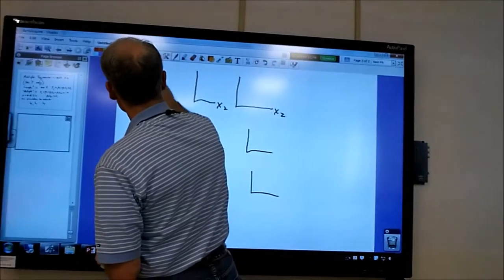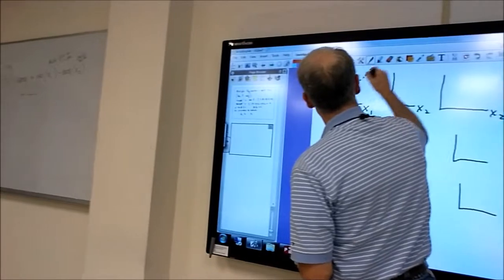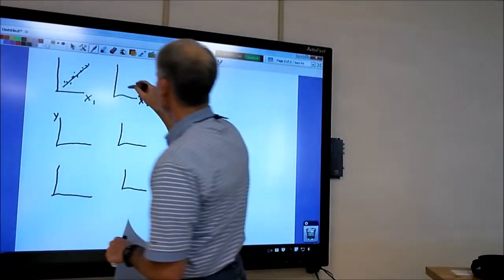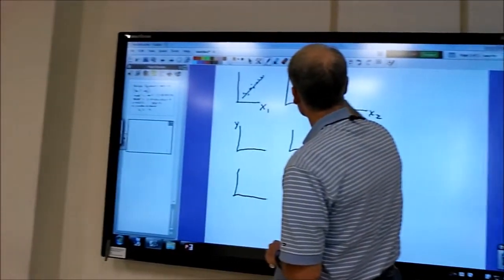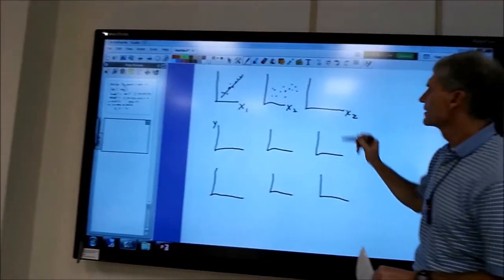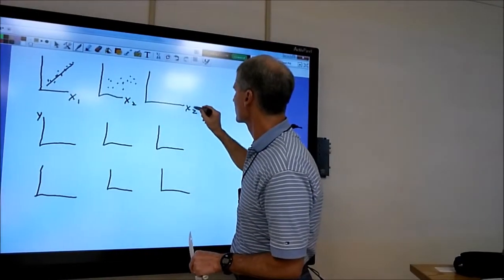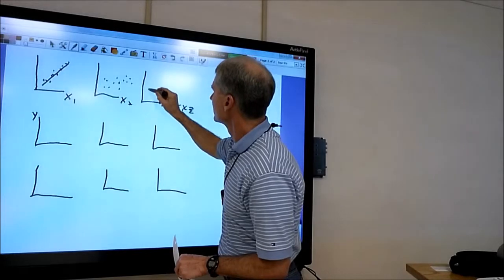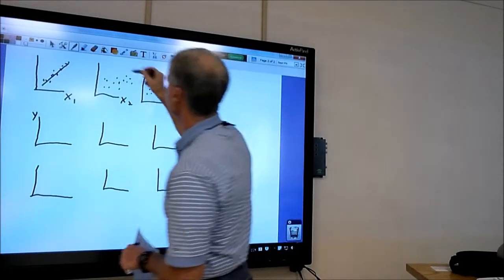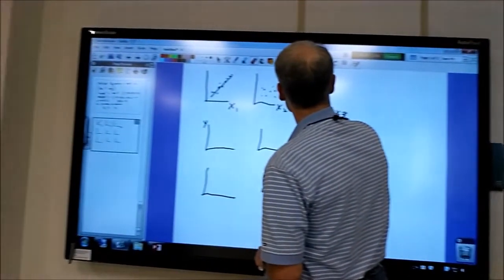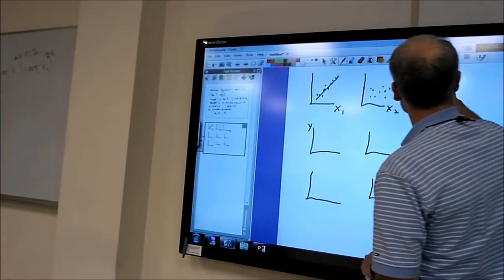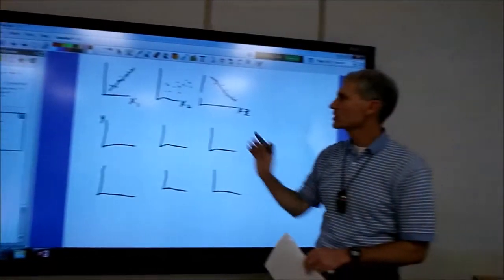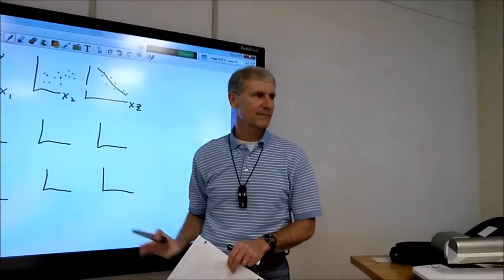And then you might see that you got a really strong linear relationship between x1 and y, and x2 and y is not so good. You may have one that is a negative relationship. So you look at them all one at a time with y.